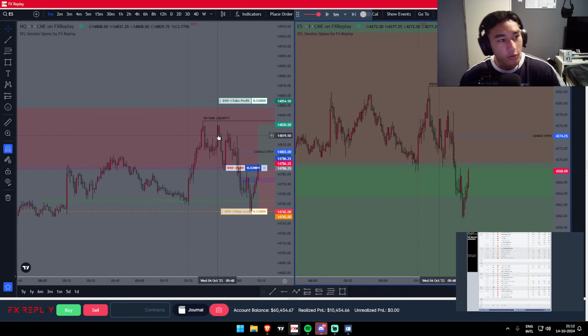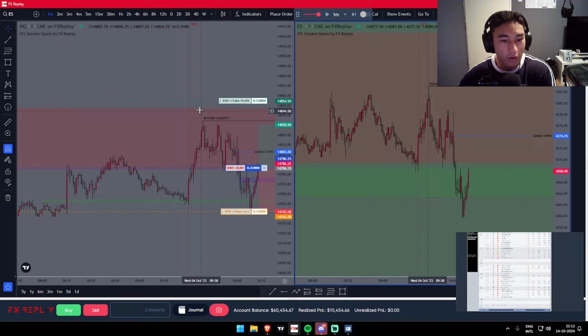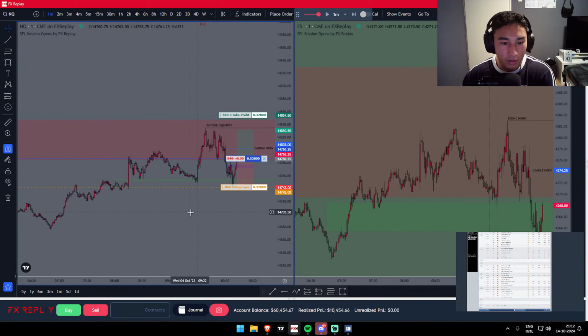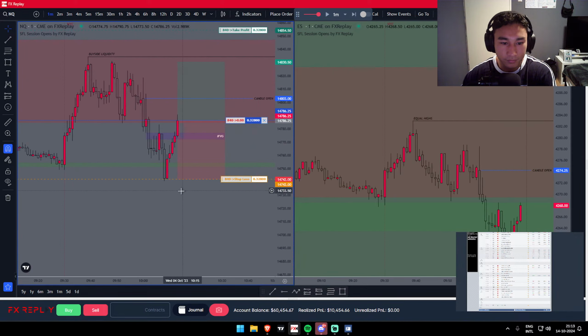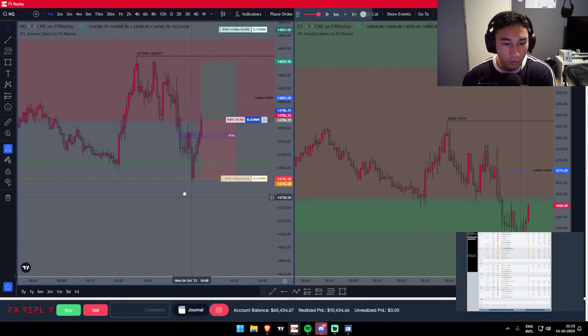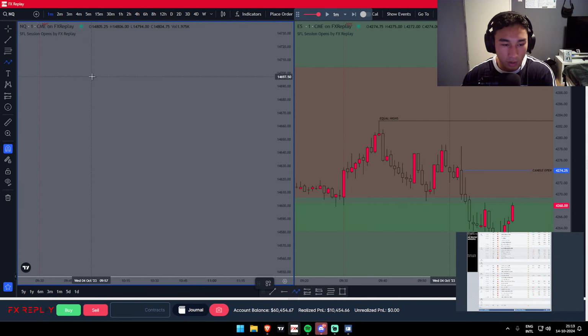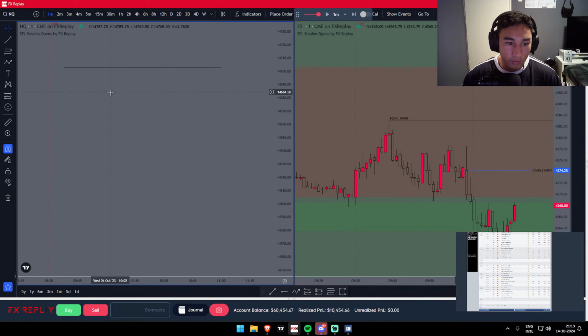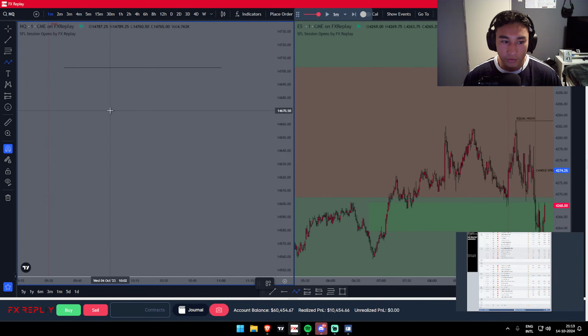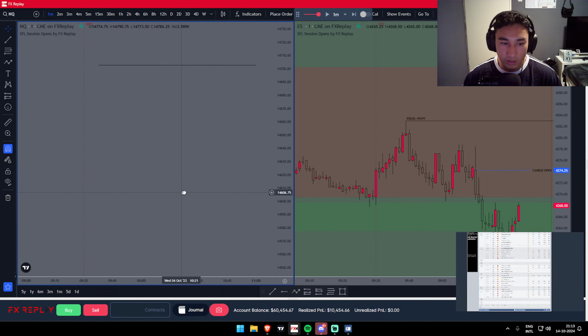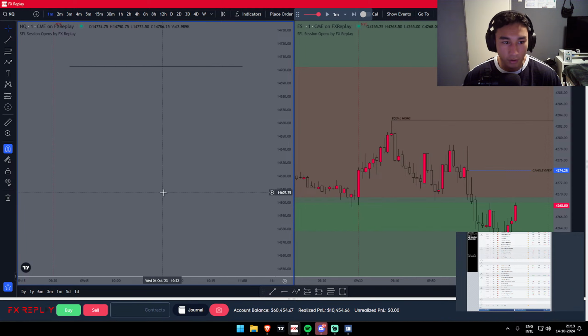Can you explain your model? Oh, IFG model. Yeah, and I made some rules around it. So I have a draw on liquidity. Let's say I'm bullish, this would be my draw on liquidity. Isn't necessary, but when there's a busy here, that's just extra confidence, you could say.